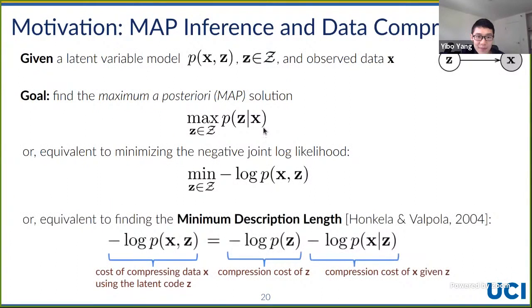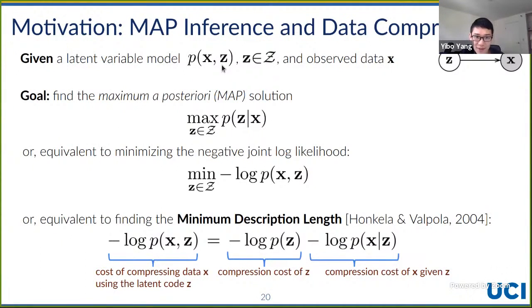Another view on this inference as compression problem is to think again about a probability model, a latent variable model that is a distribution over X and Z. Here I'm just writing down the joint distribution.